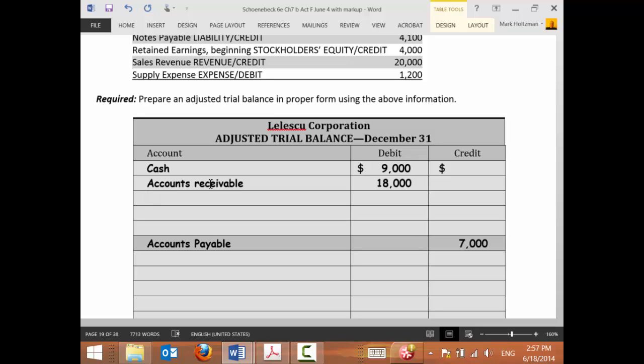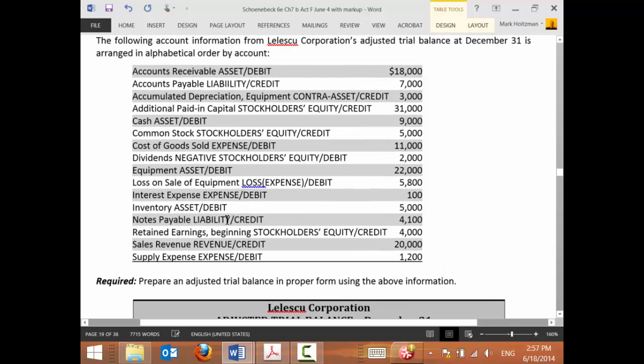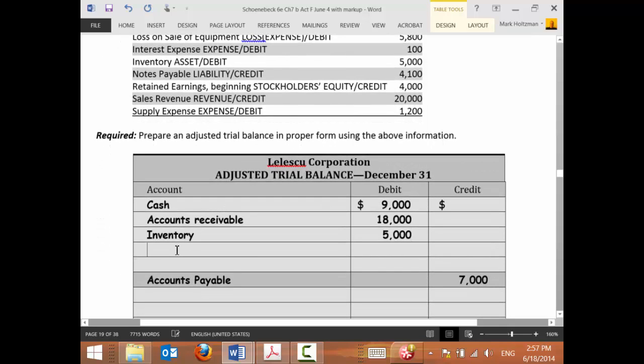Another current asset is inventory. The balance of inventory is $5,000. I think we've got all the current assets now. Yes, we do. So the next thing to go to is non-current assets. And the big non-current asset here is equipment. And equipment has a debit balance of $22,000.